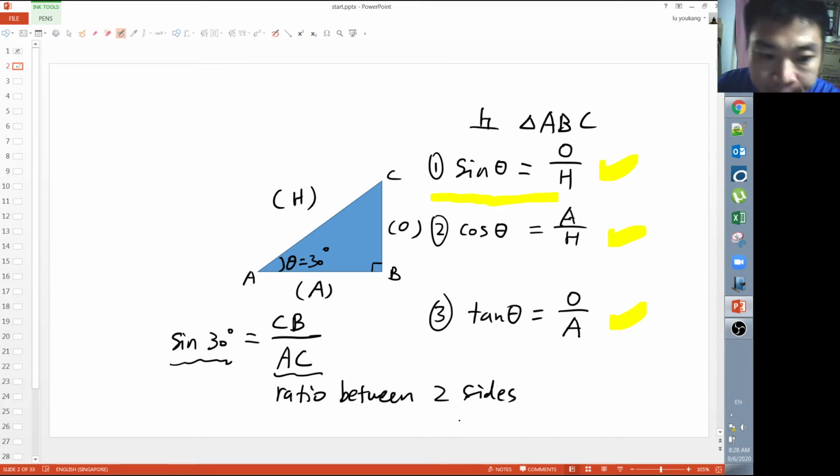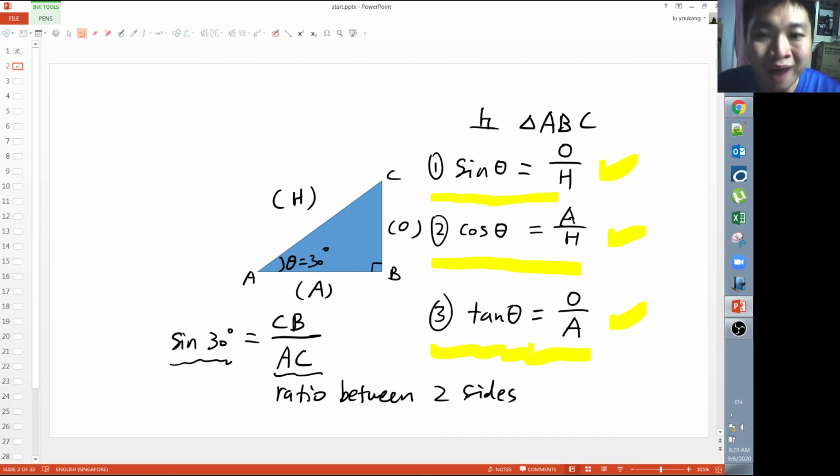So similarly, if you are going to use the second rule, cosine theta is actually equal to the ratio of A over H. So similarly, the tangent theta here is actually equal to the ratio of opposite over your adjacent. All right.